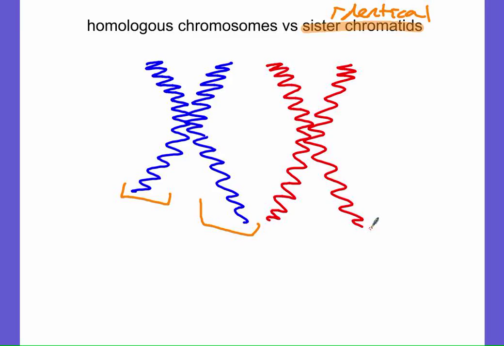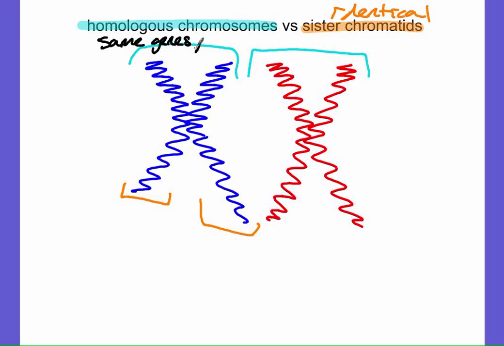So when I'm saying homologous pairs, that's talking about this and this. They are going to be homologous as long as they have the same genes on them. So they'll have the same genes. I should probably switch to black. That's going to be hard to read.